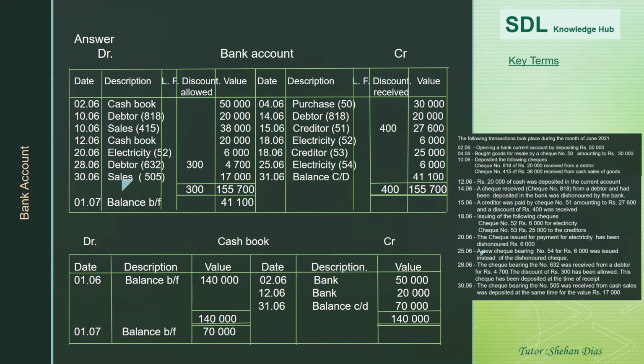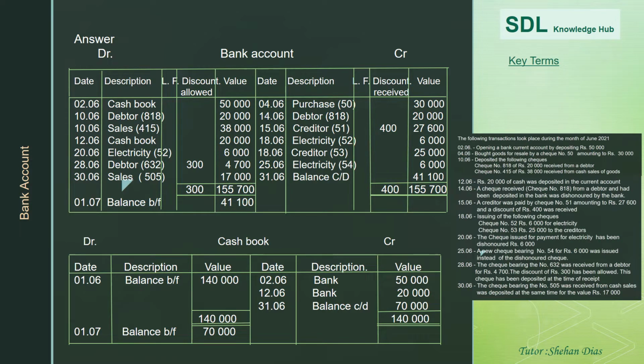So asset increase will be debit, stating the two transactions: debtors, check number 818 for 20,000, and sales, check number 415 for 38,000. Therefore the debtors account will be credited and also the sales account will be credited.